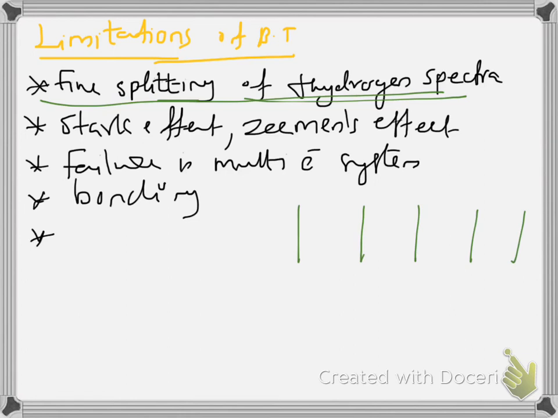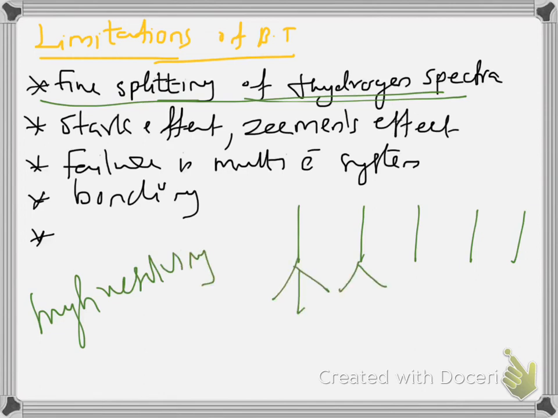But if we use a spectroscope of high resolving power, these lines will further split like this. This is the fine splitting of hydrogen lines. It could not be explained by Bohr theory.